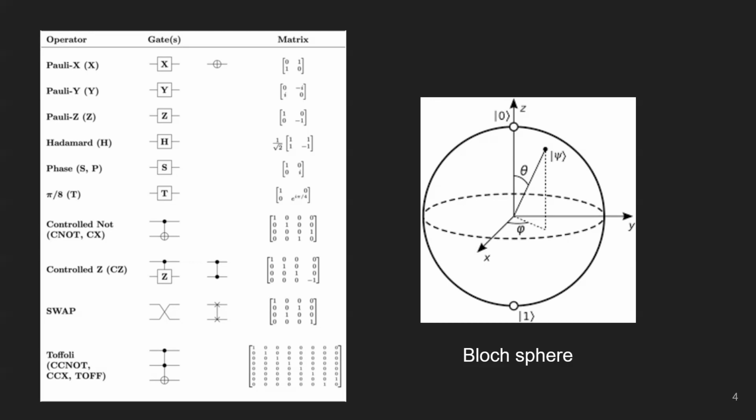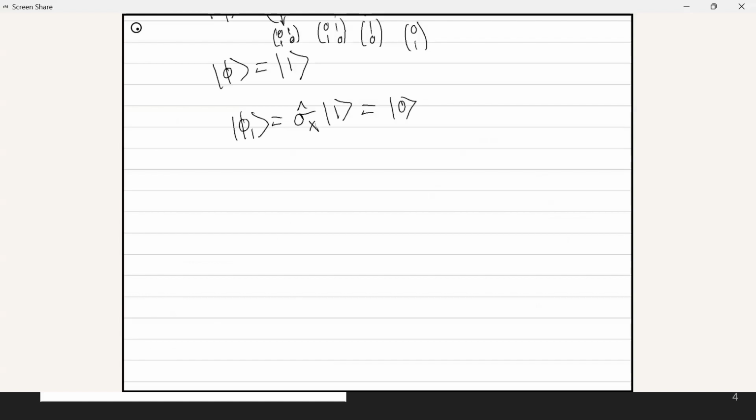Okay, so I can maybe write that out a little bit. So Hadamard on 0 equals, and this is where we get into that idea of a squared plus b squared equals 1, 1 over root 2 times 0 plus 1.